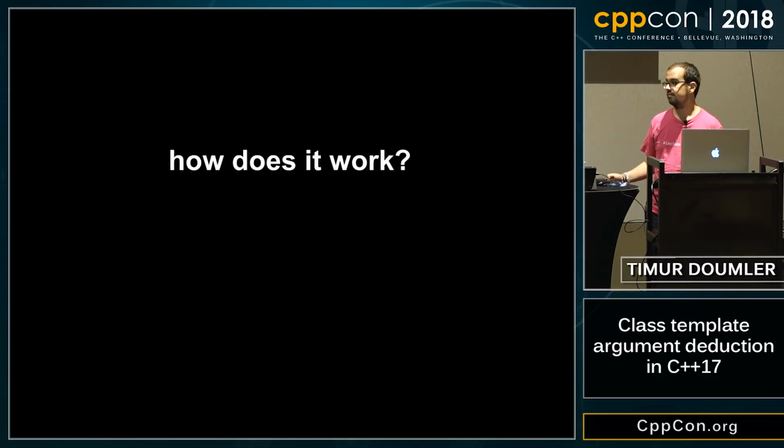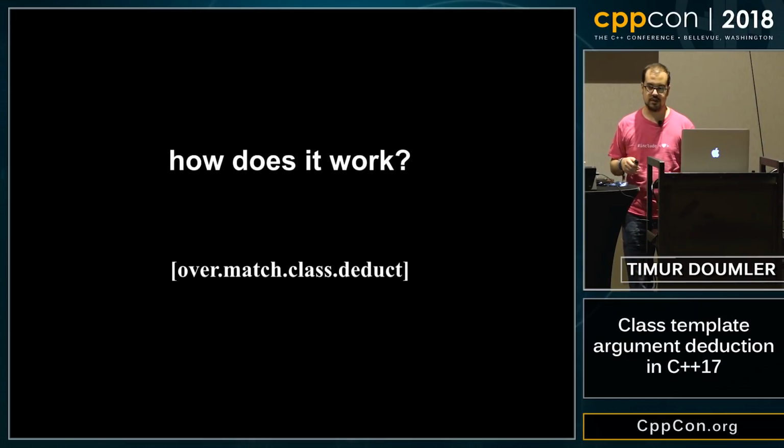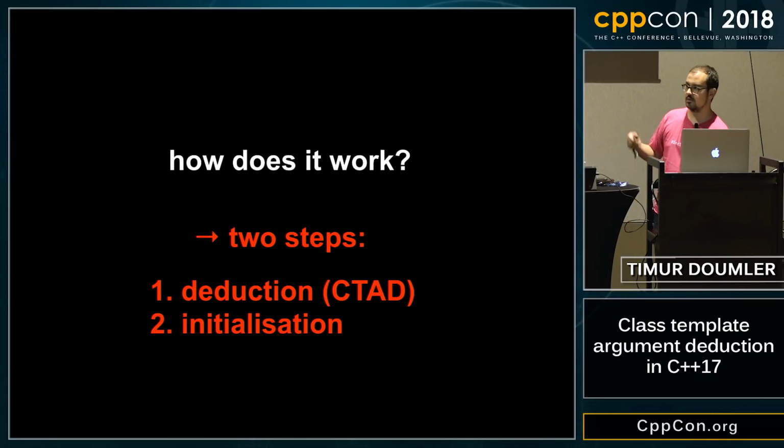How does this work? I can, of course, refer you to the relevant section of the standard, over.match.class.deduct, which describes the rules. But it's a little bit complicated, and there are a few rules in there that you don't really have to know in detail if you're not an implementer. So I'm just going to go through it in a more simplified way.